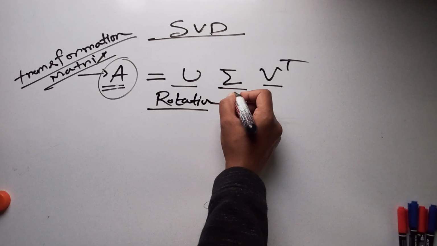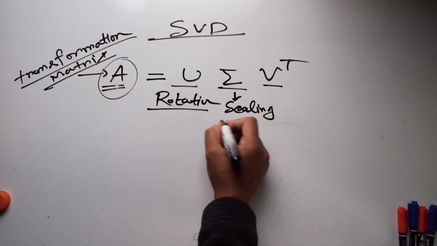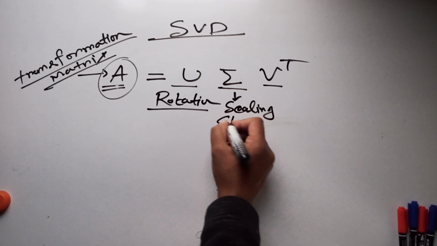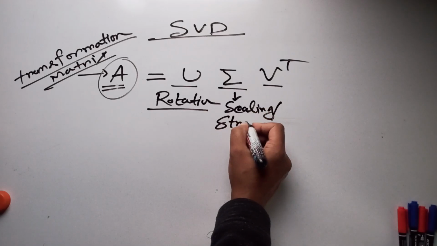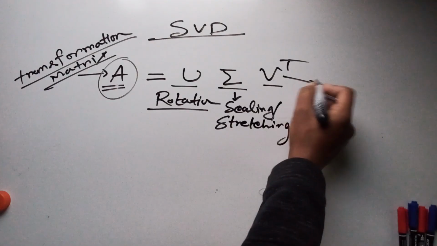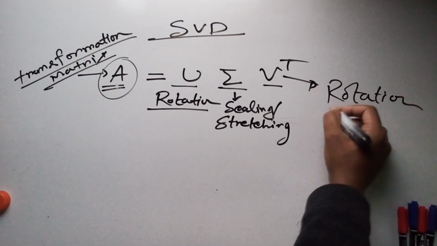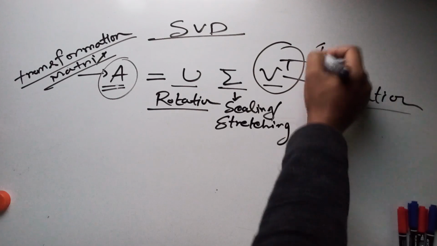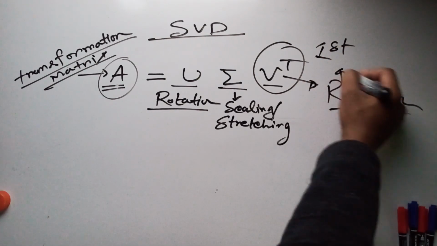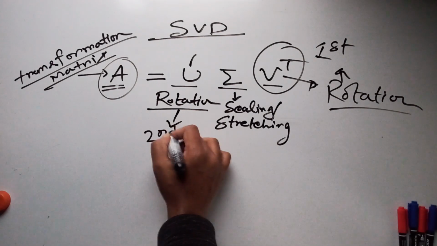Sigma is scaling, or you can say stretching. And V transpose is again a rotation. This one is the first rotation, you have to understand. This one is the second rotation.